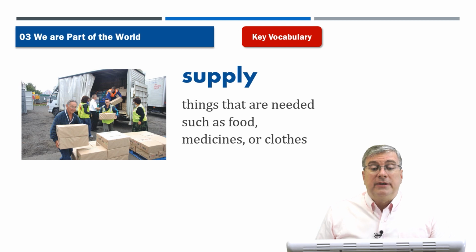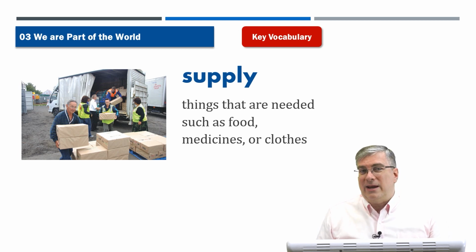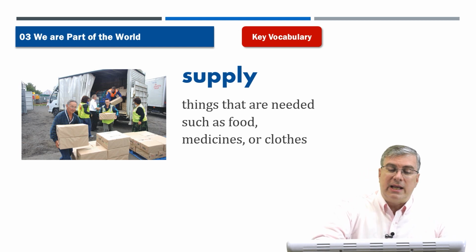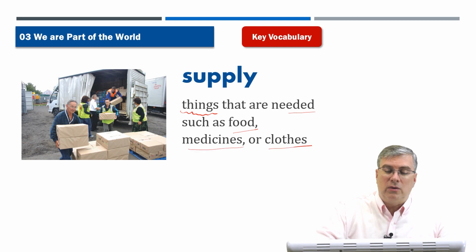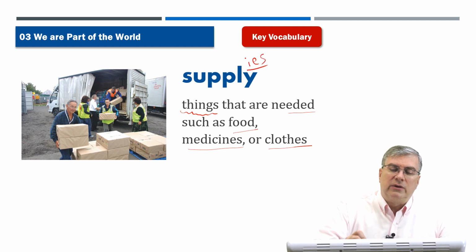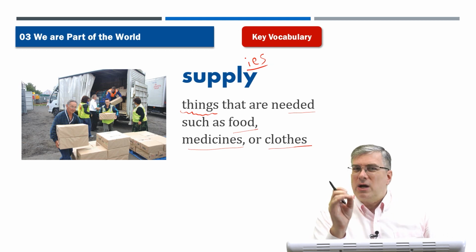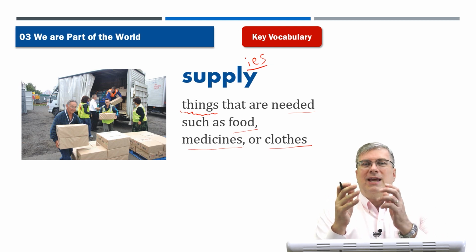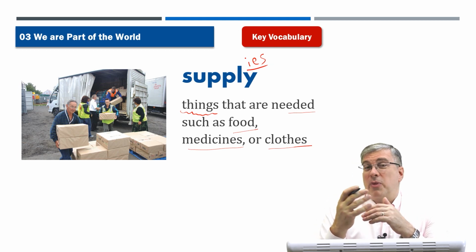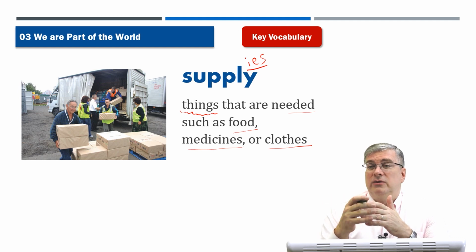Supply. Supply can also be a noun or a verb. In this case, it's a noun because it means things that are needed, such as food, medicines, or clothes. And usually if we say supply is things, we usually say supplies, right? So supplies, when you're talking about a noun, and let's say you want to give some things that are needed to another person.